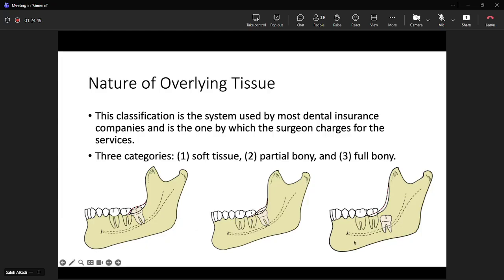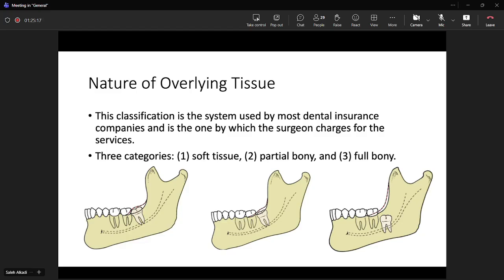Another famous classification, and this is the classification that is used by most dental insurance companies, and we use it also when we charge patients for extraction of wisdom teeth in our private clinics, is the nature of overlying tissues. So we classify the impacted wisdom tooth in three categories: either soft tissue impacted, partially bony impacted, or fully bony impacted.